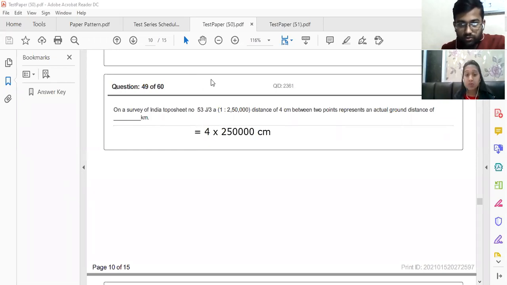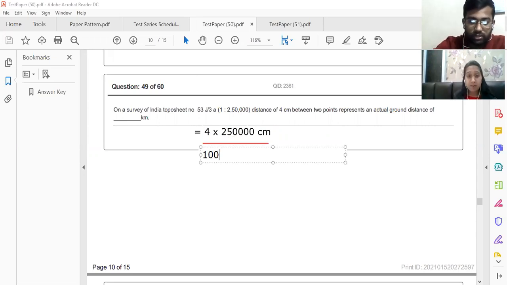You want to convert this into kilometer. So what we'll do? First, centimeter to meter means divide by 100, and meter to kilometer means divide by 1000. Now this value is in kilometer.